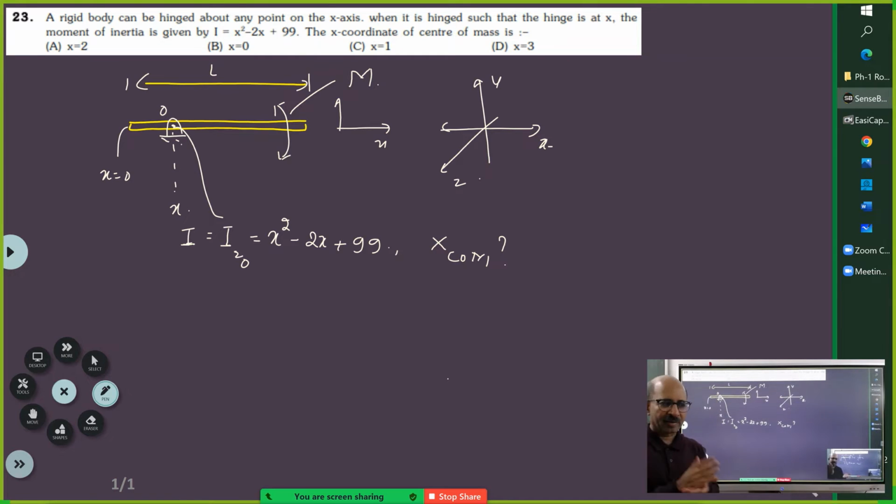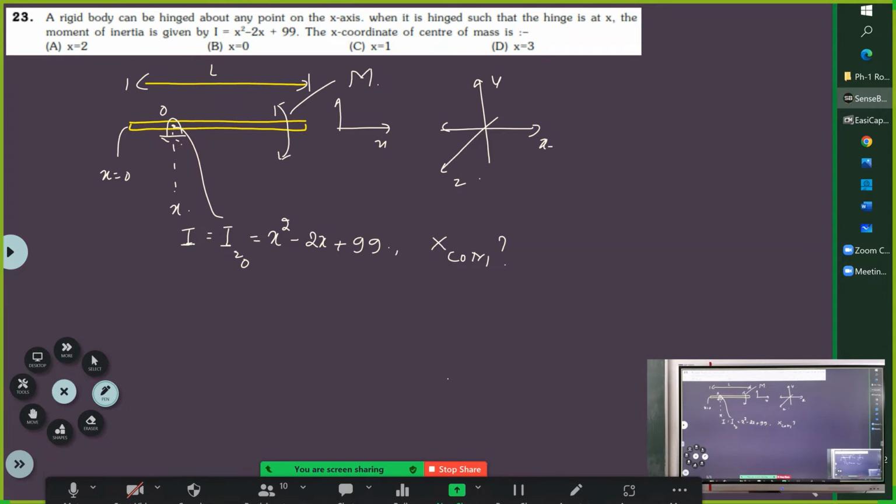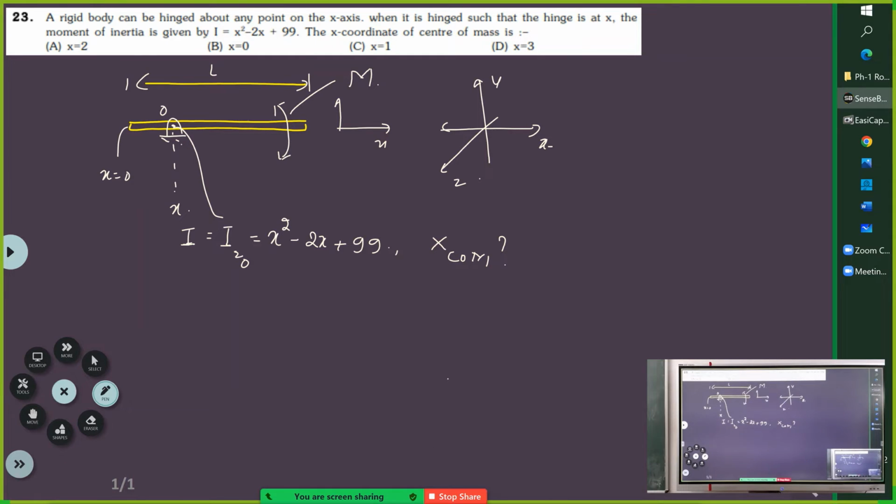Anybody else? In this entire chapter, where is the mention of the center of mass? If you have sincerely read this chapter from NCERT, you can answer this question. The answer is there in the NCERT book.